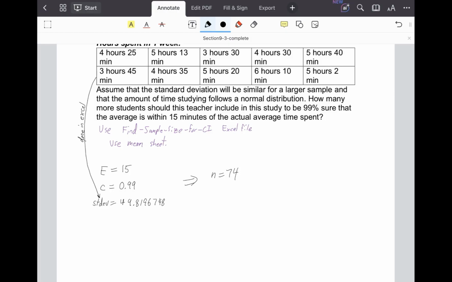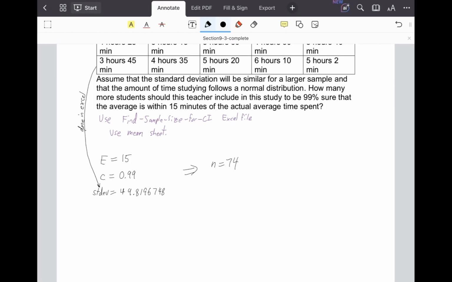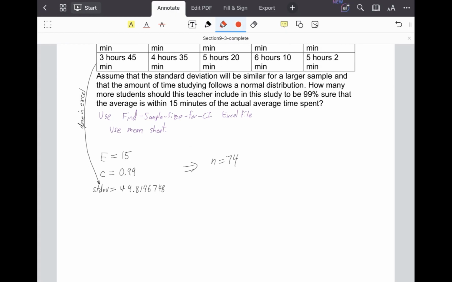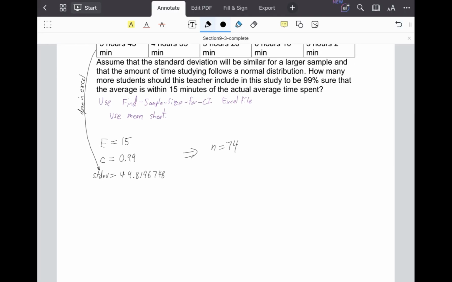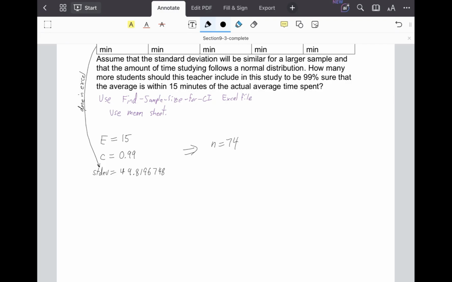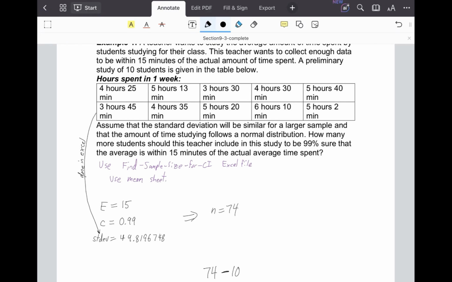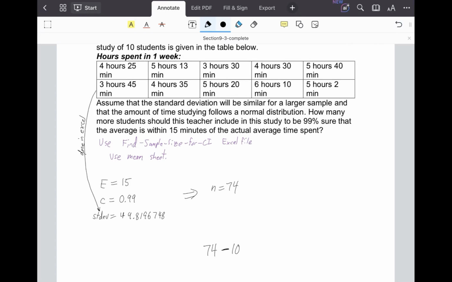Yeah, so 74. One thing to make sure you pay close attention to, and it's just one word, is kind of sneaky: how many more it's asking for. So the answer really isn't 74. We have to take away what we already have. And we already have a small sample of 10 already, 10 different numbers of times.